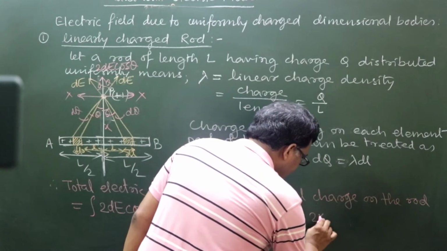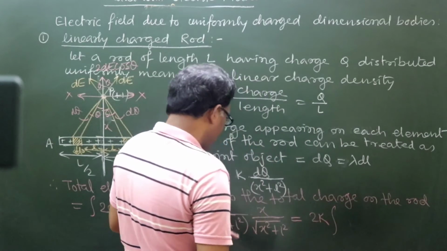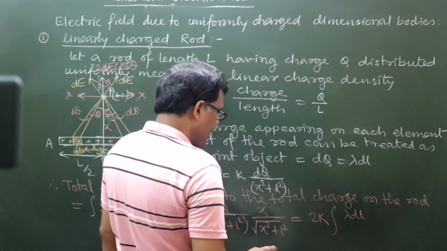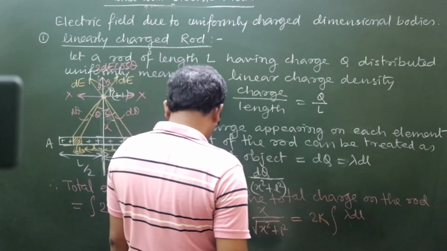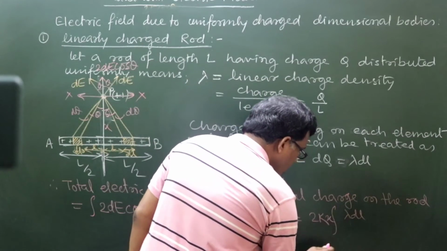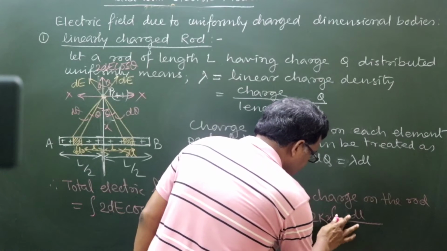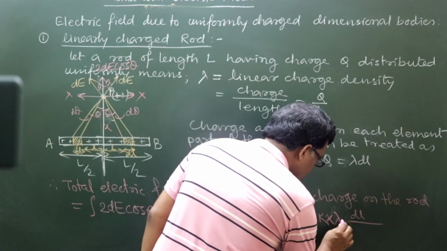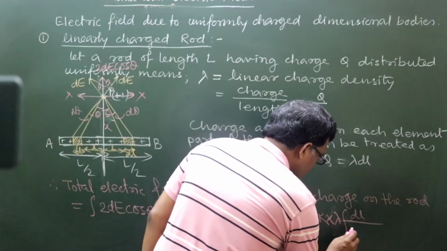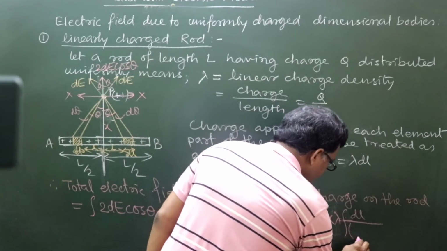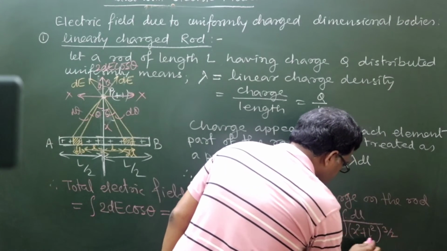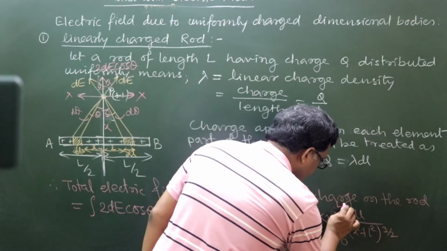So therefore it is 2k taken out, and dq can further be written as lambda dl. X being constant, it can be taken out along with the 2, and lambda is also taken out. So it is integration of dl divided by x square plus l square to the power 3 by 2, for limit 0 to capital L by 2.